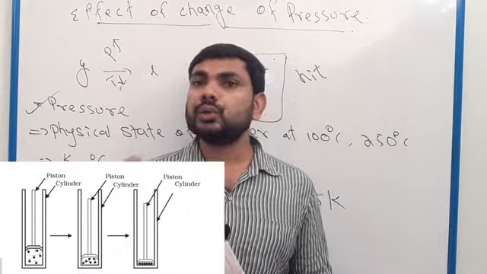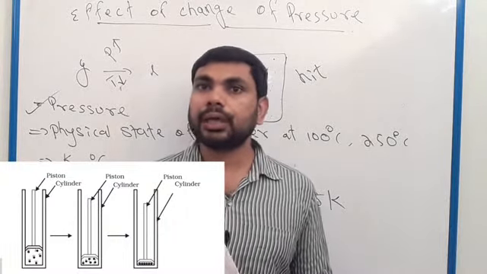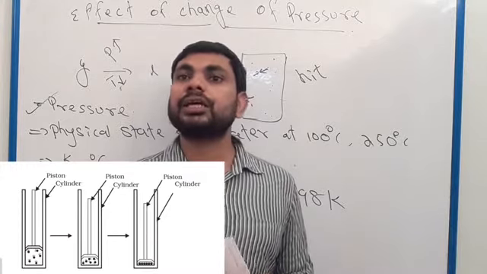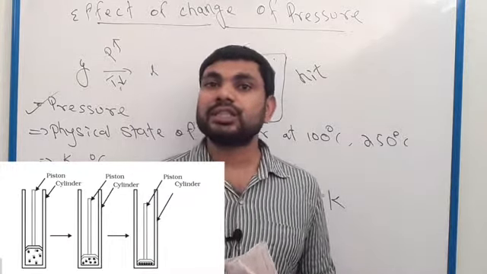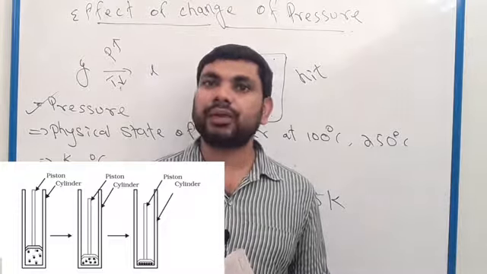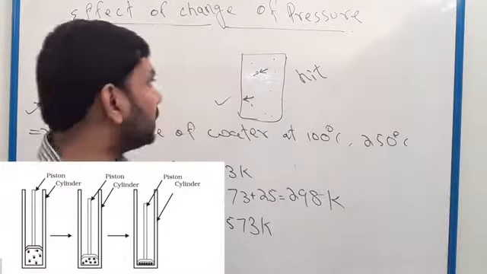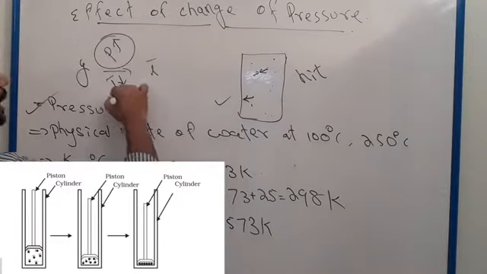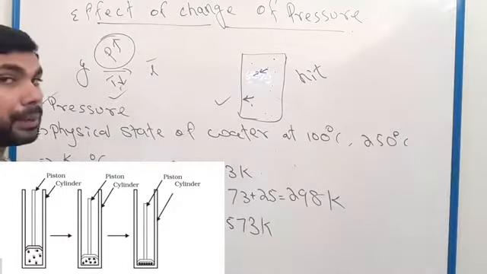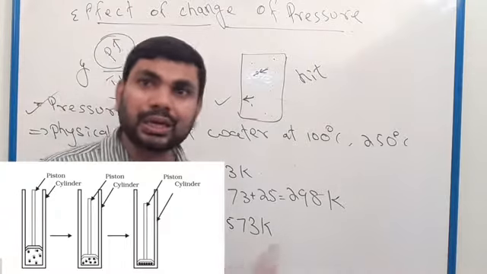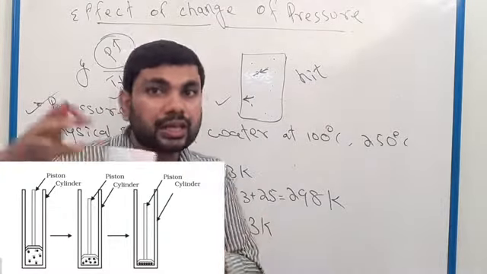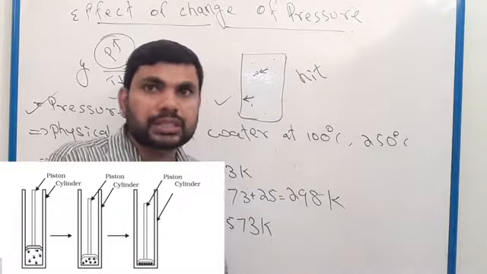Also, look here, I told you before, you observe this figure. When you check the figure, you can see that when you change the pressure, you can change the state. Gaseous state can be changed to liquid state at very high pressure and very low temperature. By applying high pressure, gas particles can be brought very close to each other, then gaseous state will change to liquid state.